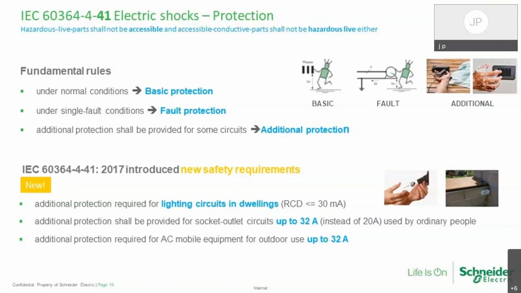We have, under a single fault, what we call fault protection. And we also have additional protection that should be provided for some circuits or locations when the risk regarding electric shock is higher, for example, when there is presence of water.